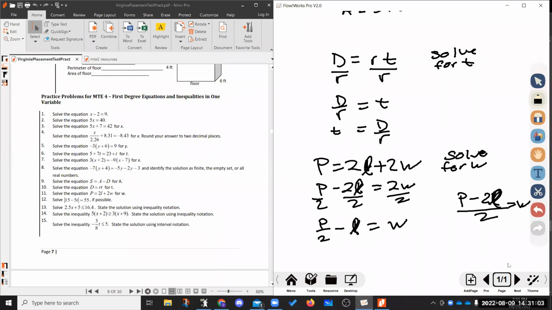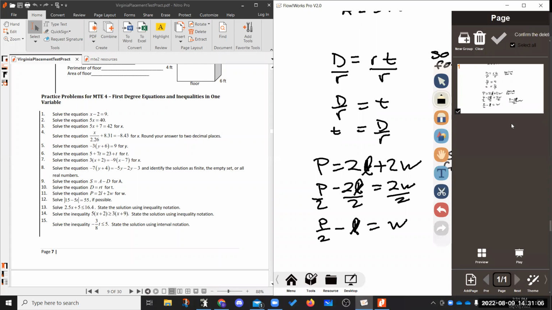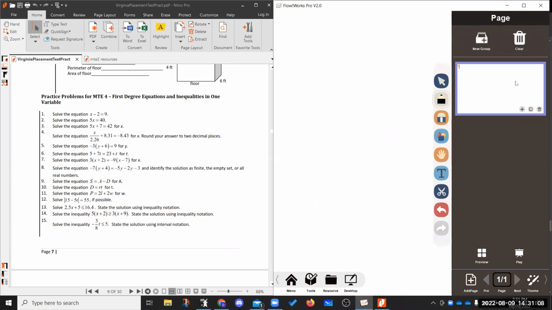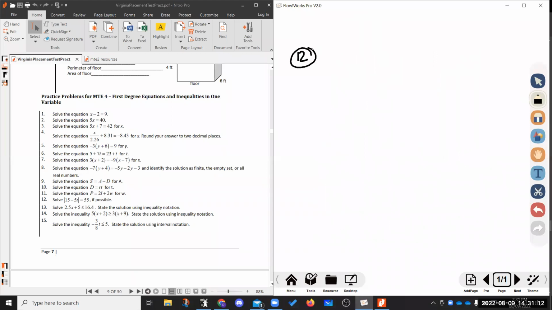Let's clear everything so far. On to number 12. 12 asks us to solve the absolute value equation: the absolute value of 15 minus 5t is equal to 55. First thing I can do if I want to is I can factor 5 out.